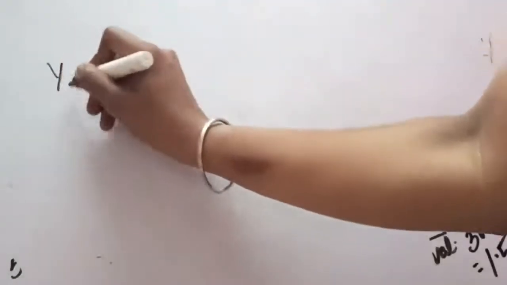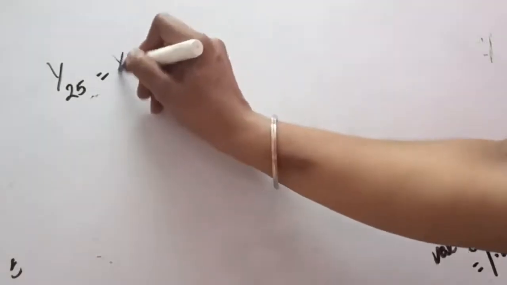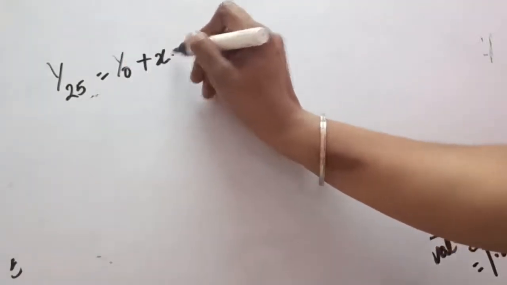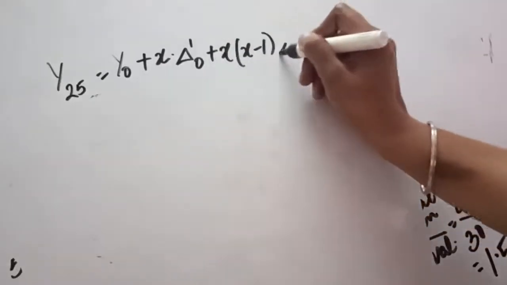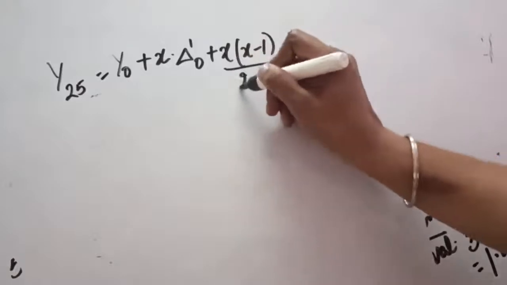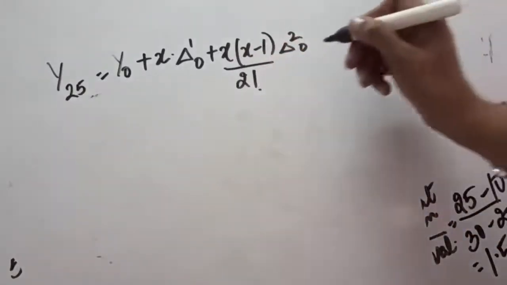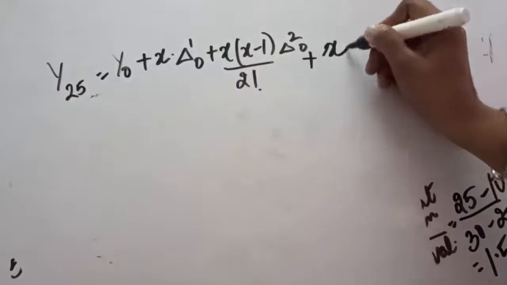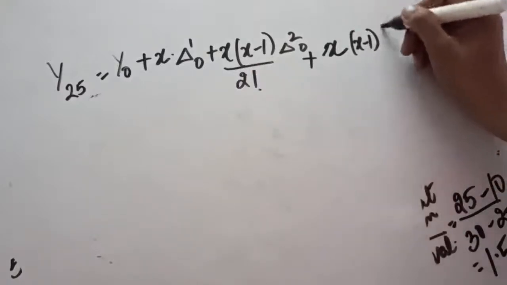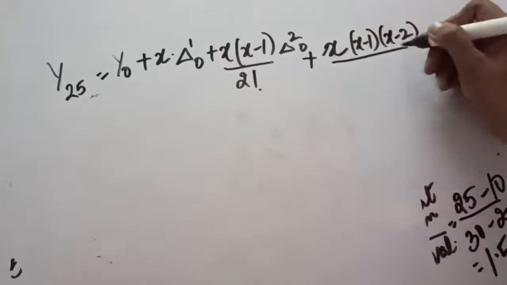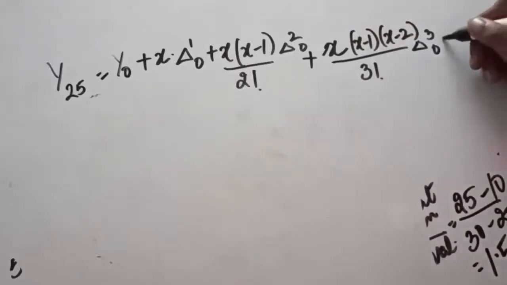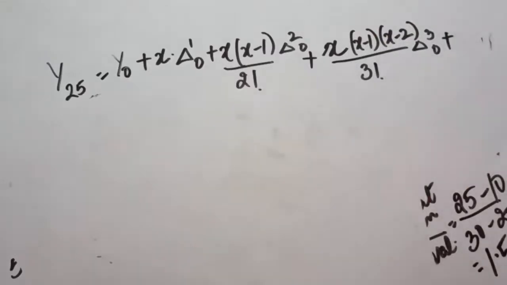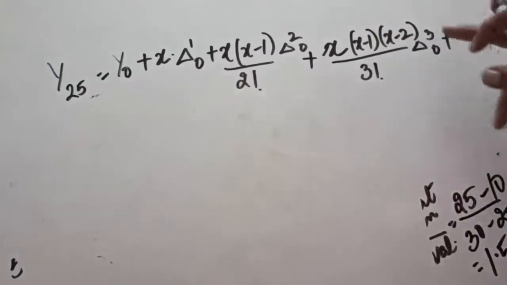Now y25 has to be calculated. Now how was the formula we have written? y0 plus x into delta 10 plus x into x minus 1 delta 20 divided by 2 factorial plus x into x minus 1 into x minus 2 divided by 3 factorial delta 30 plus, as we can see that our maximum delta we could calculate was delta 40.